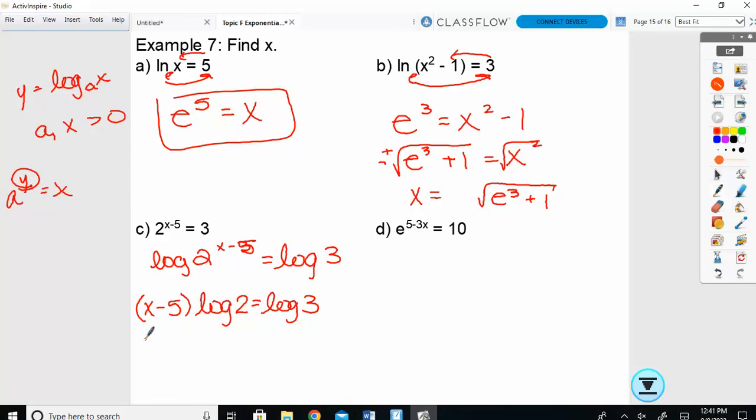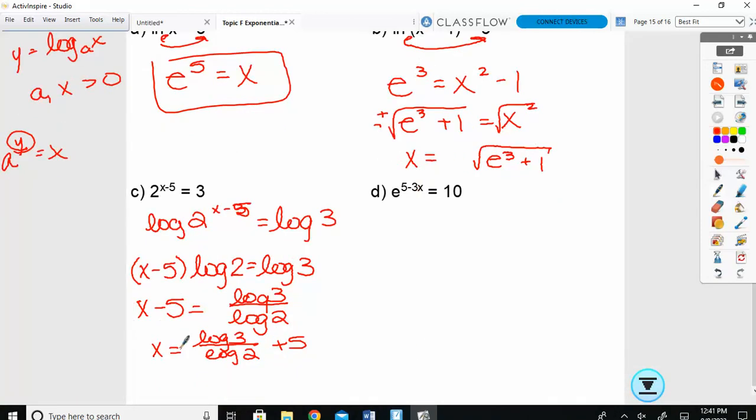Okay, if I'm trying to get x by itself, what would we do? Divided by log 2 plus something.